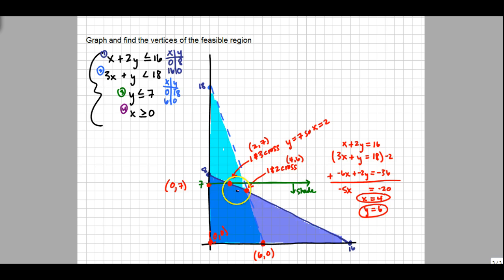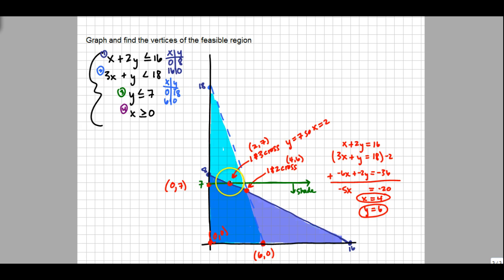Again, your graph, if you graphed accurately with a straight edge, might show that that's crossing at (4, 6). And then we've got another one down here at (6, 0). This is single shaded, and this is single shaded. So the feasible region is only right in here, in this little 5-cornered region. So let's just double check here with students on how to find these 2 points.